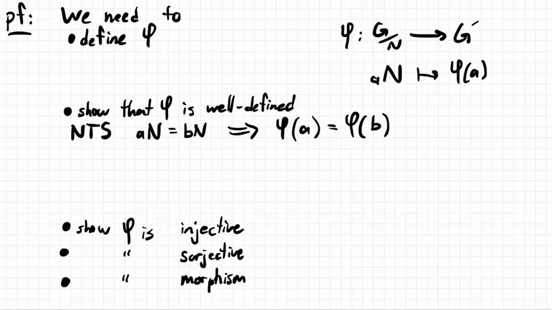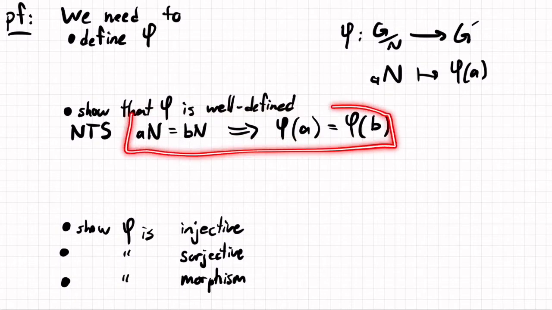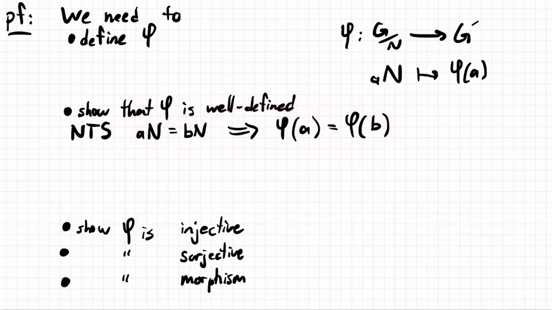And so in order to show this, what I'm going to do is use an intermediary condition, an intermediate step. But before we do that intermediate step, I want to make a comment.